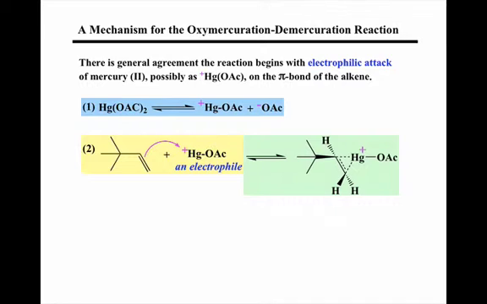Why does it attack that carbon? Okay, to open up that three-membered ring. What do we know about three-membered rings? They have a lot of strain, right? Those carbons are sp3 hybridized, right? Do they want to be part of a three-membered ring?